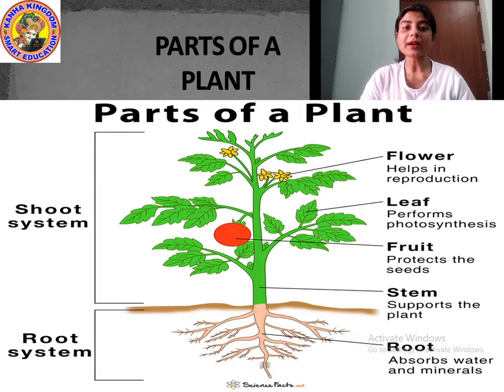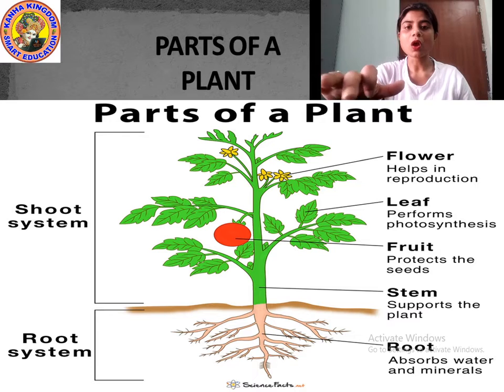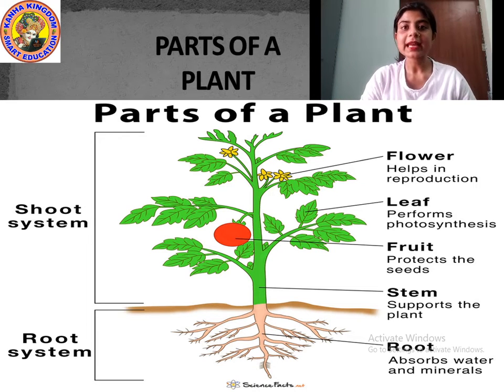And what are the functions of the different parts of the plant? What are the functions of the different parts of the plant? Let's begin with root. What does the root do in a plant? Root absorbs water and minerals from the soil for the plants.